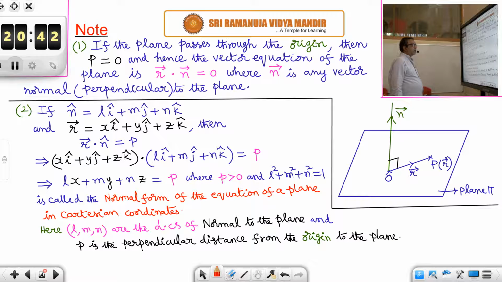Note, if the plane passes through the origin, then P is equal to 0, is it not? What is P? It is the perpendicular distance from the origin to the plane. Suppose the origin itself is in the plane, then the perpendicular distance P will be 0.